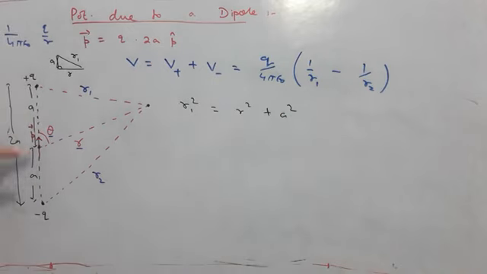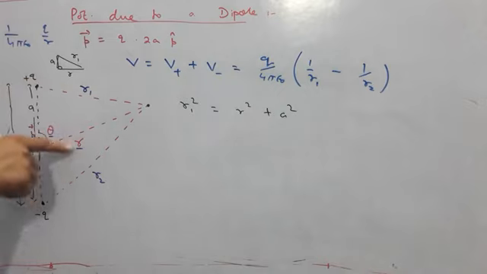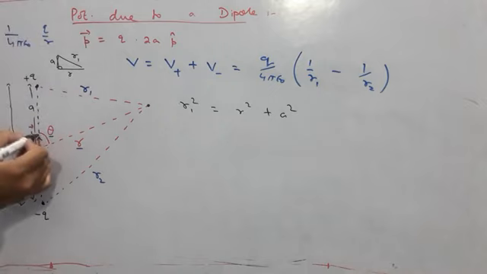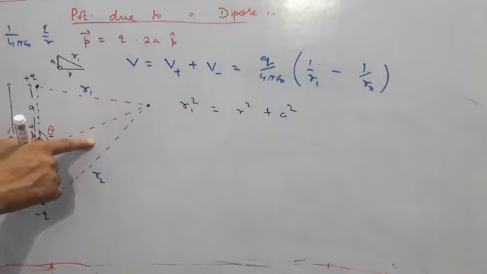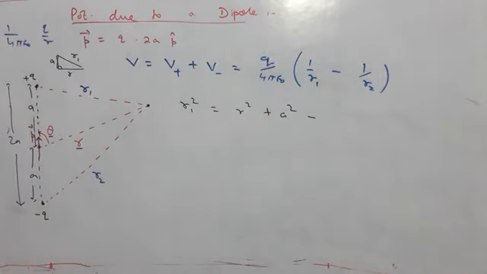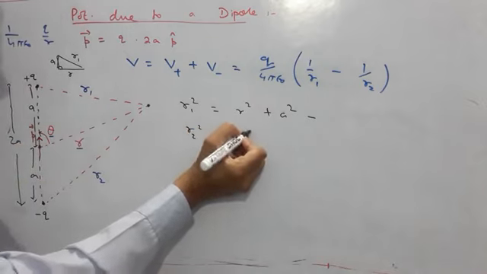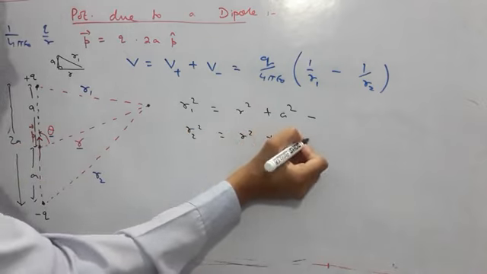Now you see these two triangles, they are not right angle triangles. So in mathematics, there is a relation for expressing r1 and r2 in terms of r. In this triangle, theta is acute. So r1 square is r square plus a square minus something. And in this triangle, r2 square is r square plus a square plus something.